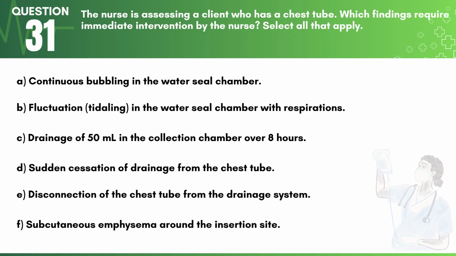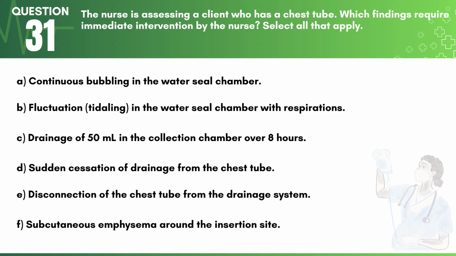Question 31. The nurse is assessing a client who has a chest tube. Which findings require immediate intervention by the nurse? Select all that apply. A. Continuous bubbling in the water seal chamber. B. Fluctuation, tidaling, in the water seal chamber with respirations.